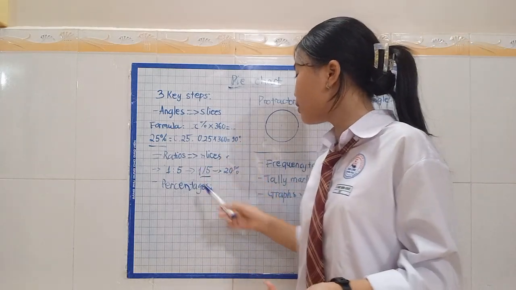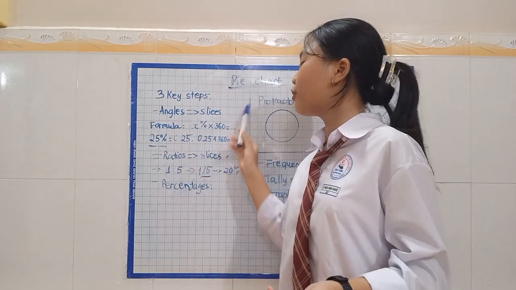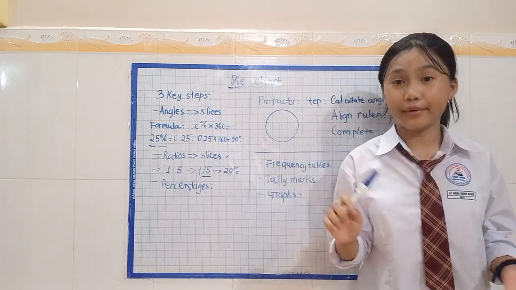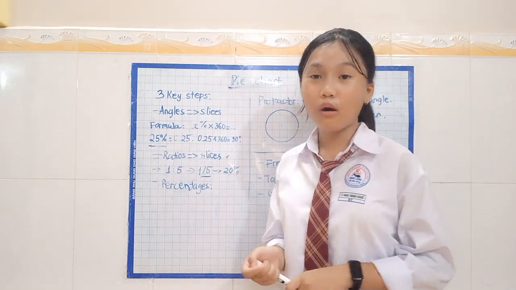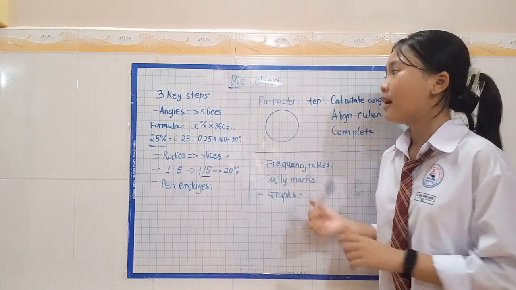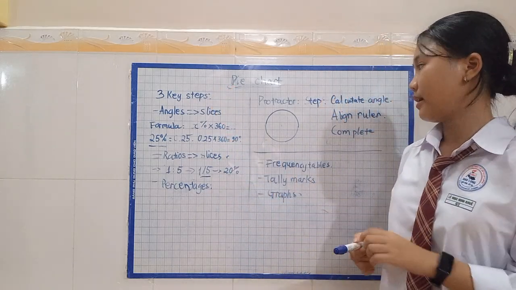In ratios you do need to know the percentage, and in angles you need the percentage to calculate the angles. So percentage is one really important thing that everyone facing pie charts will need to handle first.